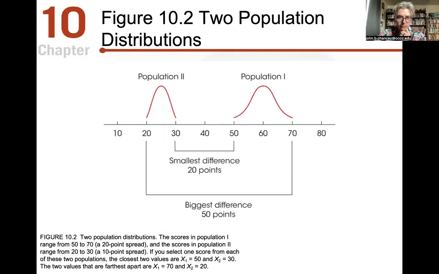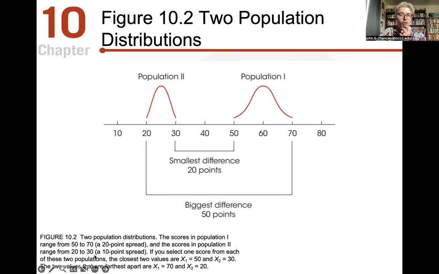So just kind of opening up the hood and explaining a little bit of what's going on with that particular formula. Again, we might want to compare populations. We might have population one versus population two, and this is just a visual depiction of that. We have two population distributions. The score in population one ranges from 50 to 70, a 20-point spread, and the score in population two ranges from 20 to 30, a 10-point spread. So we can see population one has more variability. It's scoring higher, but has more variability.